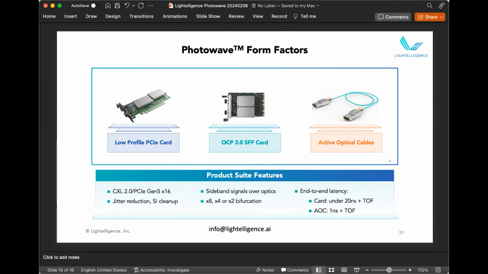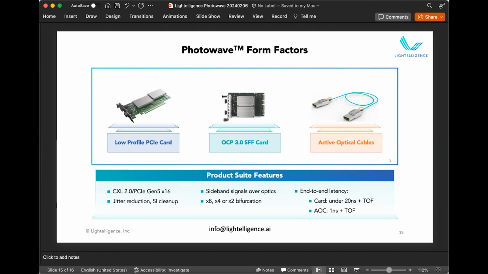Let's talk about latency a little bit. On the cards, because they are connected to the motherboard, there's a retiming function. Their latency is under 20 nanoseconds end to end, so roughly under 10 for each card, and that is with these retimers operating in CXL low latency mode.